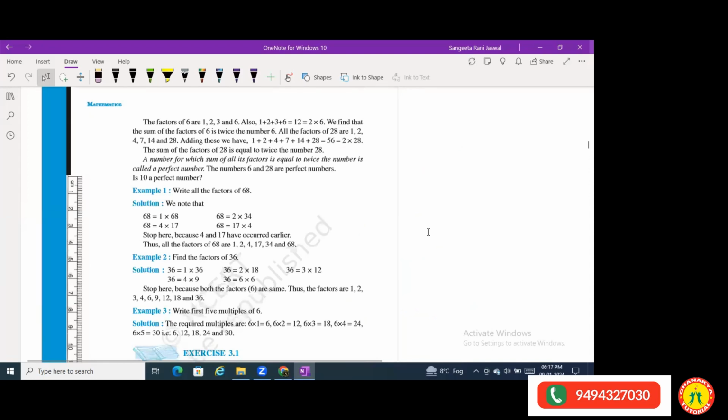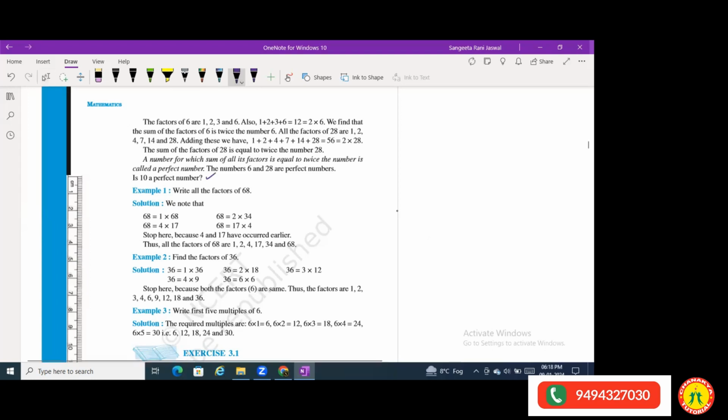A number for which the sum of all its factors is equal to twice the number is called a perfect number. Now, what is a perfect number?